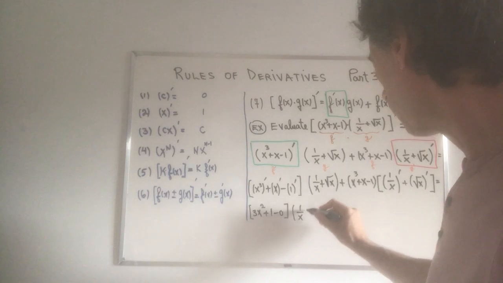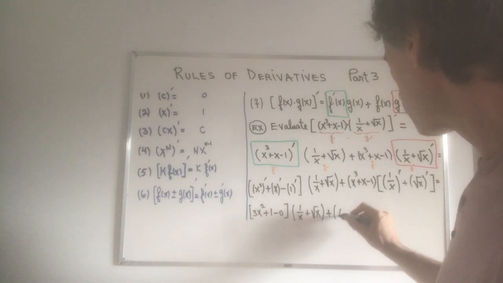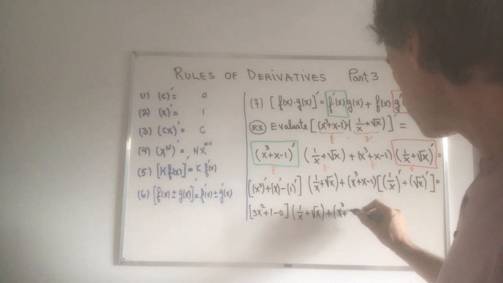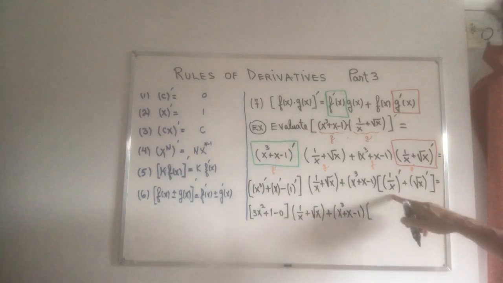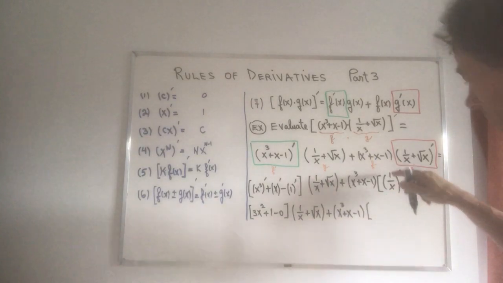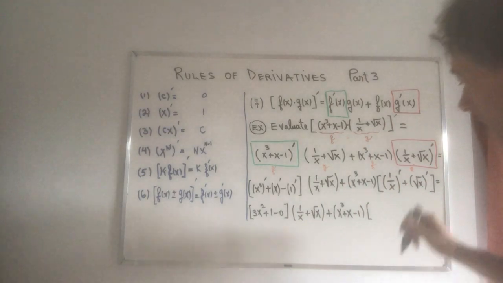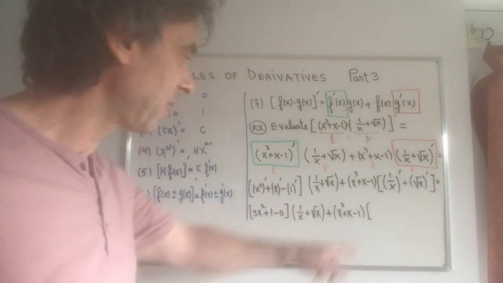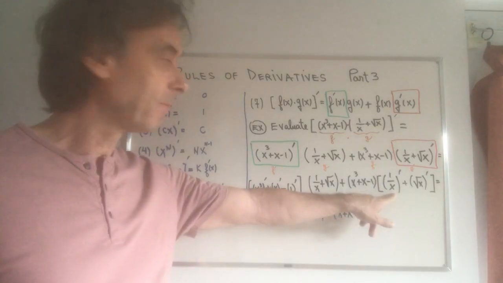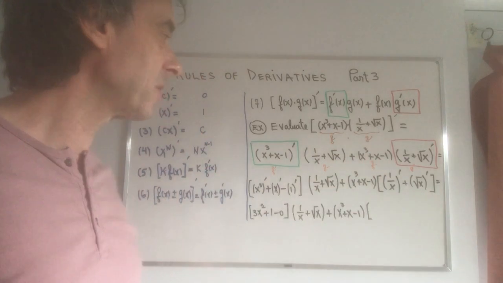Multiply by 1 over x plus root x, plus x^3 plus x minus 1 times 1 over x. This is a division. I do not have a rule for division yet. I will by the end of this video, but I do not now. So 1 over x, I need to find the derivative of that. What do you think we should be doing? I don't have a rule for a division, something over something.